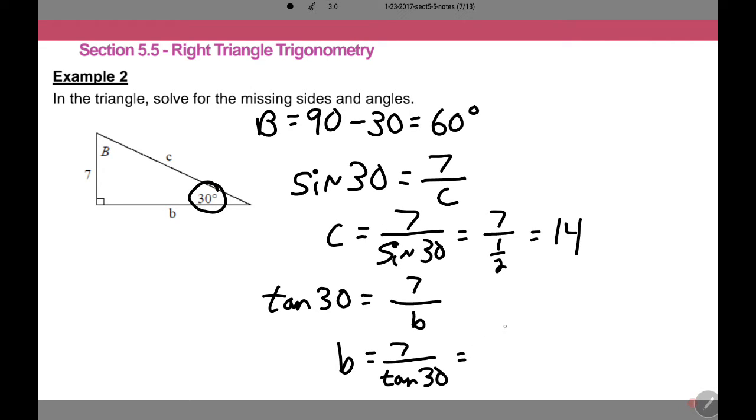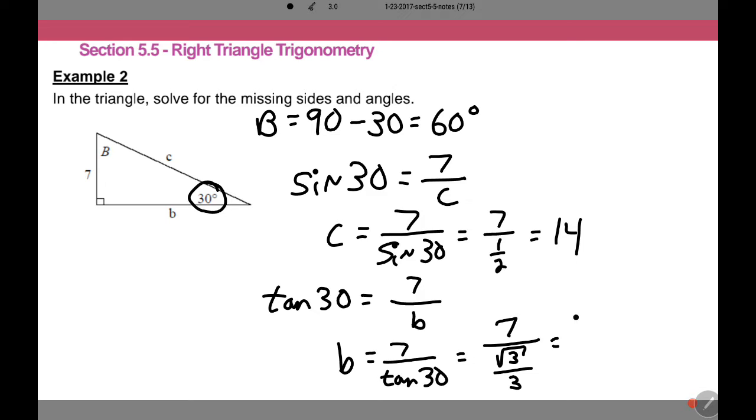And again, 30 is one of those angles that is on our unit circle, so we can actually do some work with that and get an exact answer. So I've done that in this case. We have to multiply by the reciprocal when we divide.